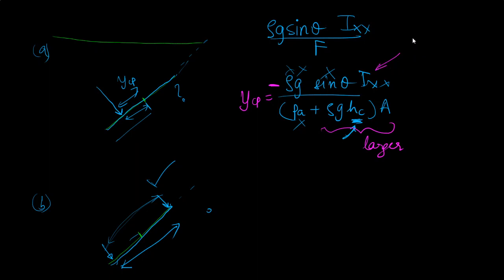So ycp will reduce, meaning that the shift from the centroid towards a lower point will be less for an object at a deeper depth. The centroid and the center of pressure will be close. They will not coincide, but they will be close. At infinite depth, they will coincide. Is it clear?